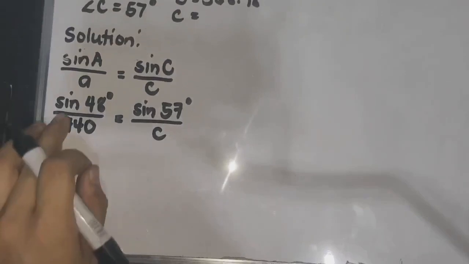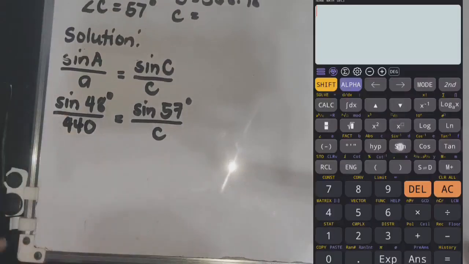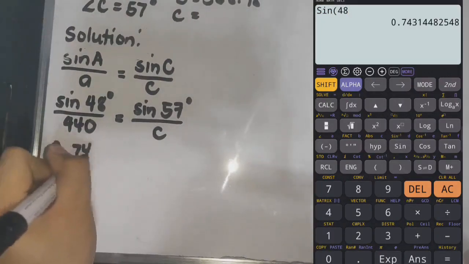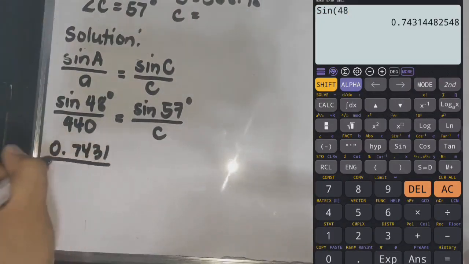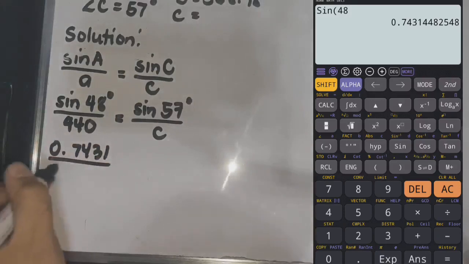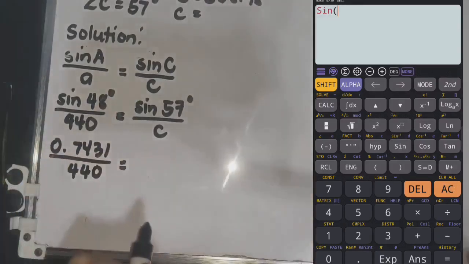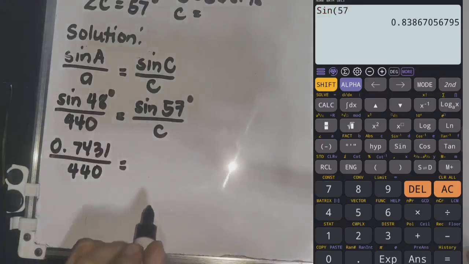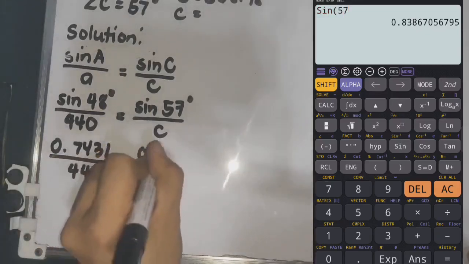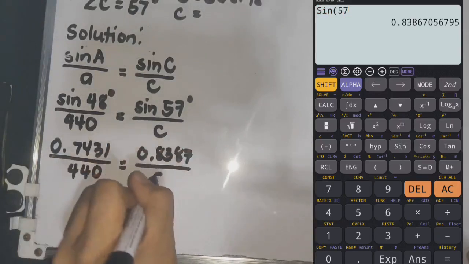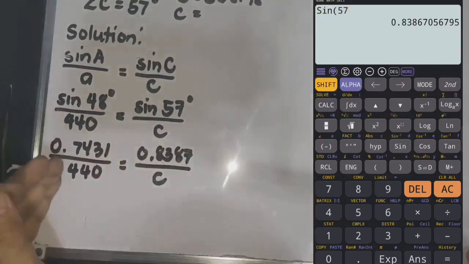Next is get the value of sine of 48 degrees. So that is 0.7431. So yun yung kinuha natin kanina. Over 440 equals sine of 57. So press sine, then 57. Your answer will be 0.8387 over side C. So again, pwedeng i-divide.